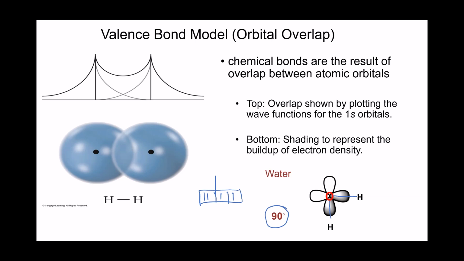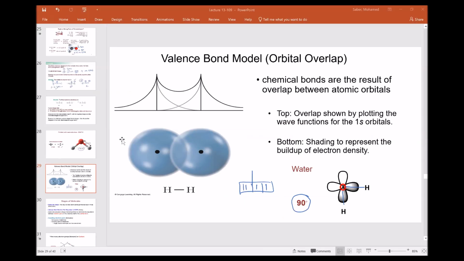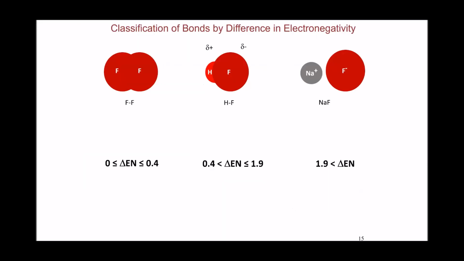One final thing that I want to emphasize is the polarity of the bond, or what determines the type of the bond to expect. The type of the bond to expect in any combination is going to depend on the difference in electronegativity between the two atoms involved in that molecule.